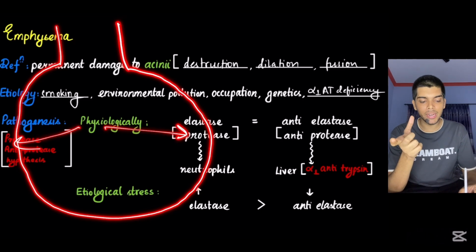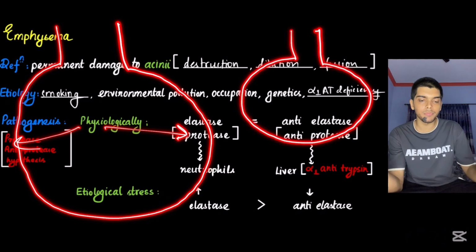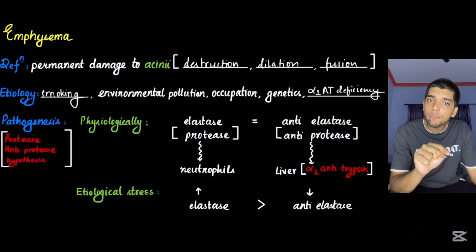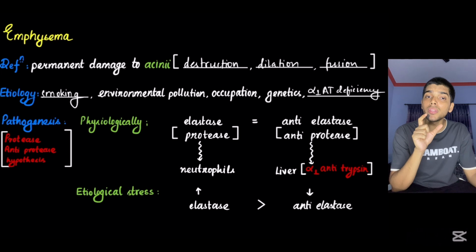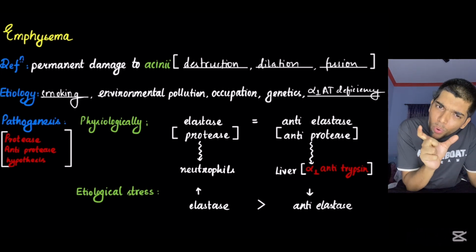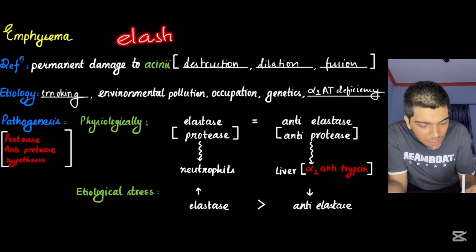After maximum stretch, it recoils back to its original configuration. This elastic property, like that of a rubber band, is present in alveoli due to the presence of a specific protein fiber, and that is elastic fiber.